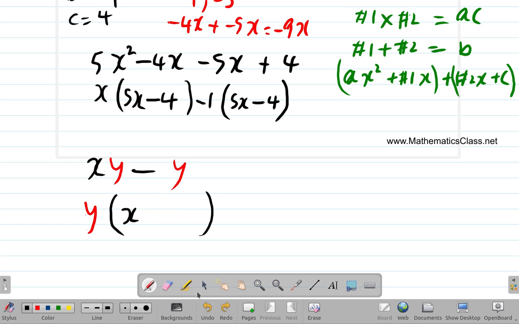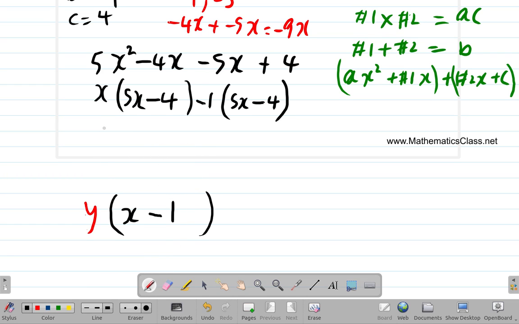What must go there? It's going to be negative 1. So it's x minus 1 after you put the y outside the bracket. You see the y? The y is playing the same role as the 5x minus 4. You see that? So whatever you did with the y here, you're going to do the same thing with the 5x minus 4.